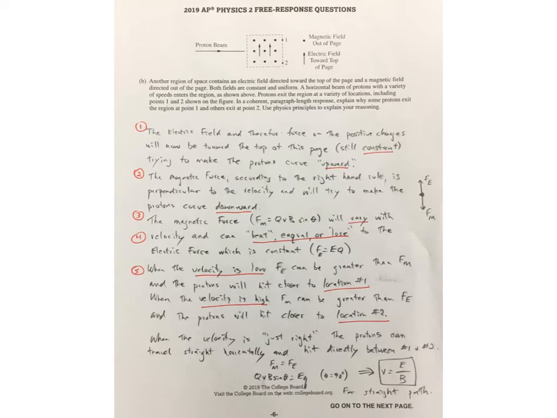But bottom line, the first thing is the electric field is towards the top on a positive charge, but it's still constant. So it'll be a constant upward force and it tries to cause the protons to curve upward. Conversely, the magnetic field is still down. It's going to try to cause the protons, like it did in the first part, to curve downward. So those are in opposite directions.